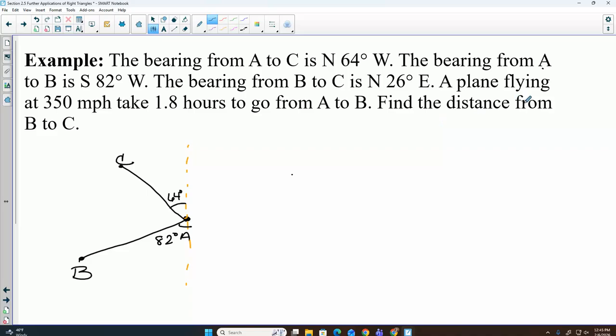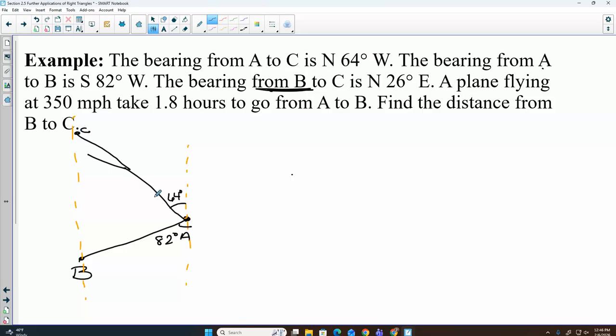So now it says the bearing from B. If I'm measuring bearing from B, what do I need? So I'm at B now, so I draw in my north-south line. Okay, to get to C is north 26 degrees east. Now, it's just kind of coincidence that my picture was drawn like this. You very well may have yours drawn where like point C is all the way out here.